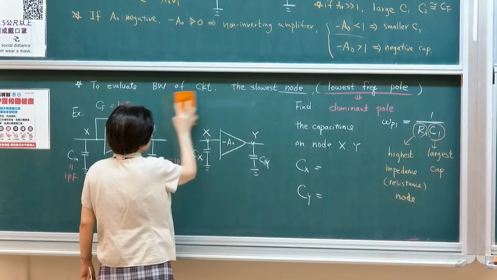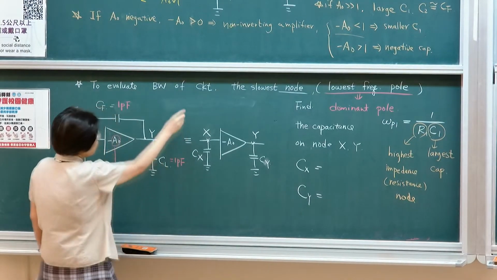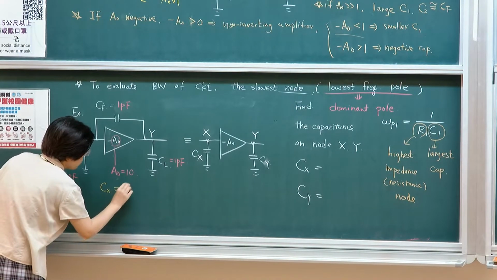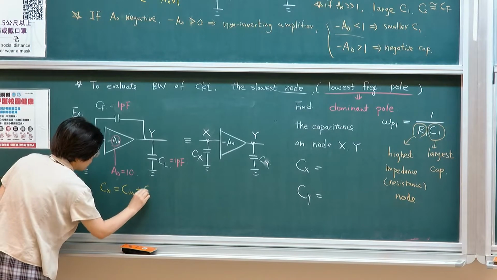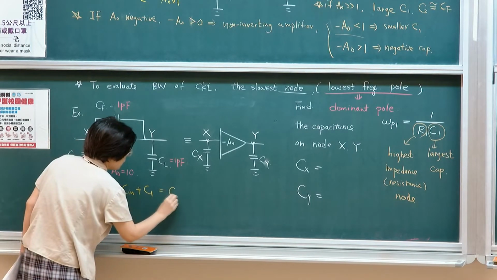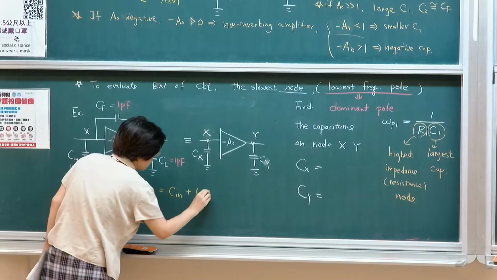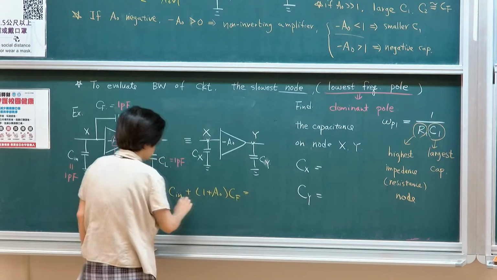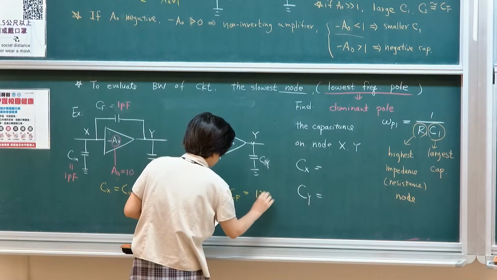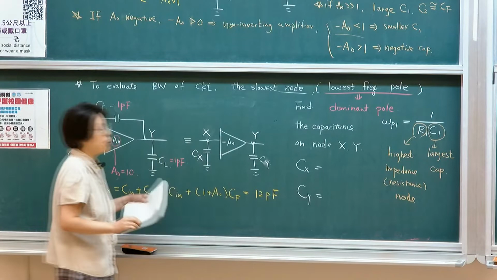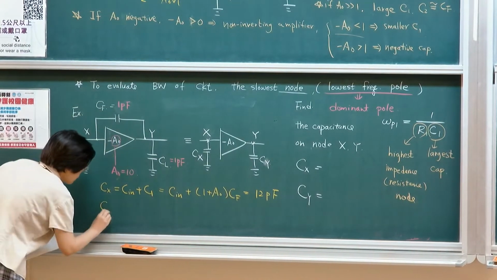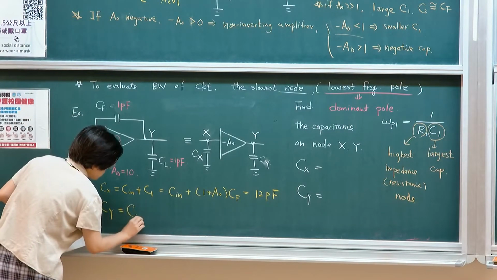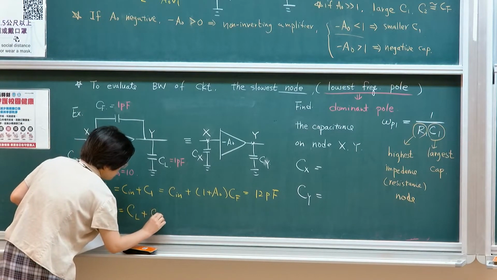Let me rewrite this. The equation, based on the Miller approximation, is that CX should be its original input capacitance plus C1, that's C in plus (1 plus A0) times CF. So this will give me 12 picofarad, that's 11 plus 1. And CY will then be C load plus C2.